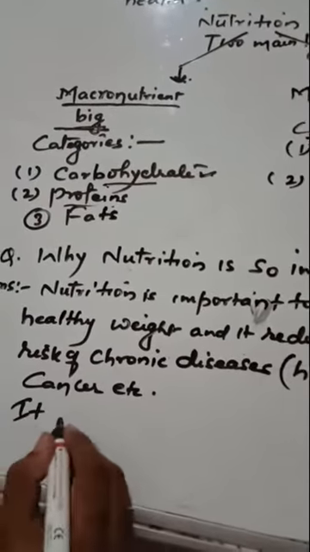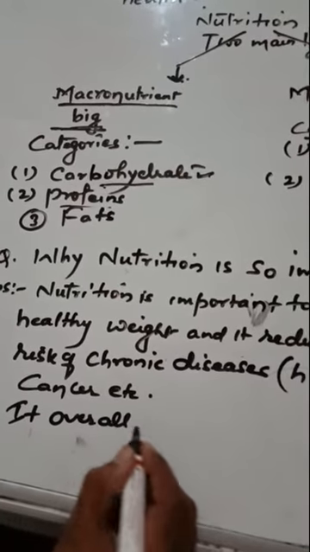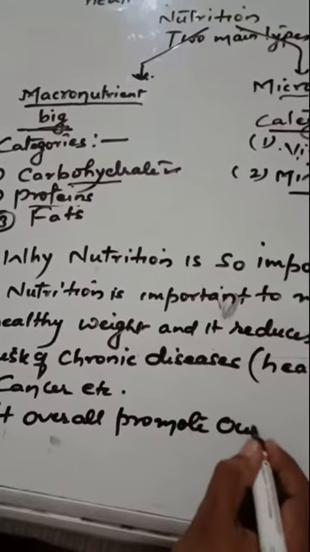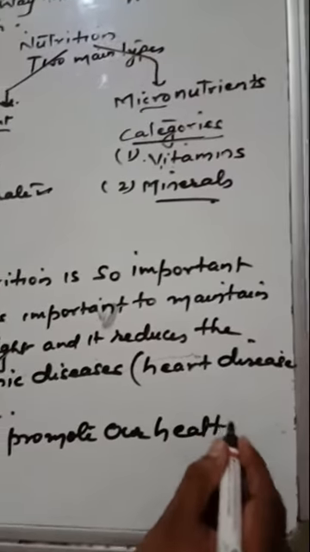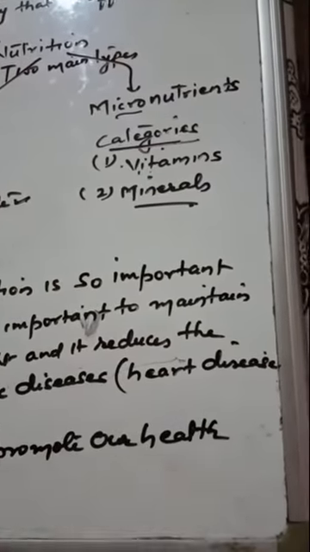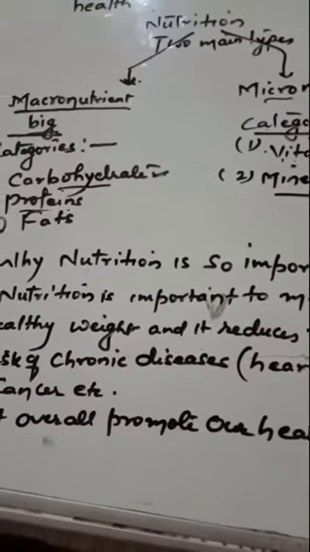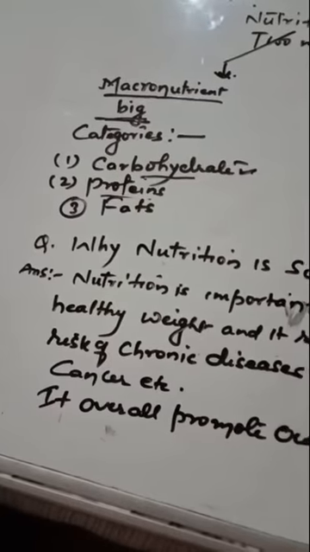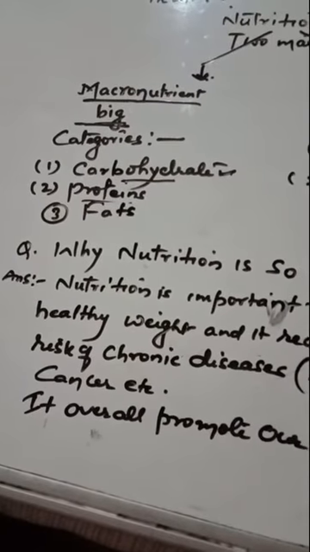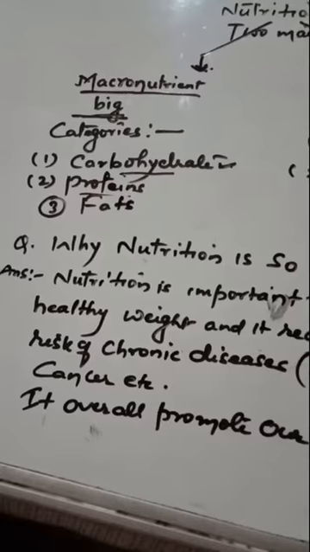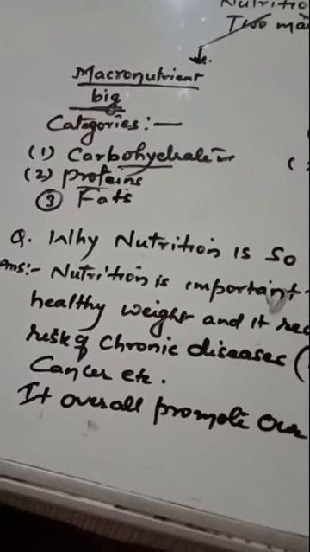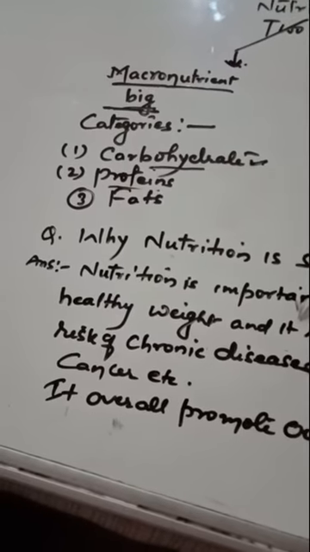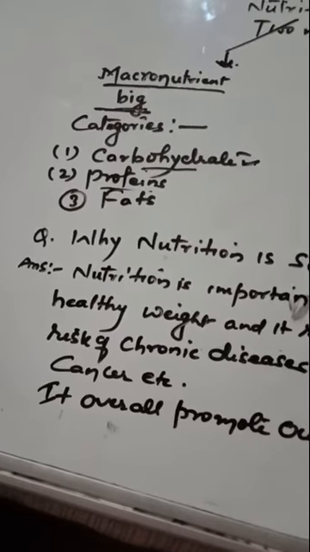So here we should remember what nutrition's categories are and why it is so important. Now a further question: what types of food give the proper nutrition to our body?